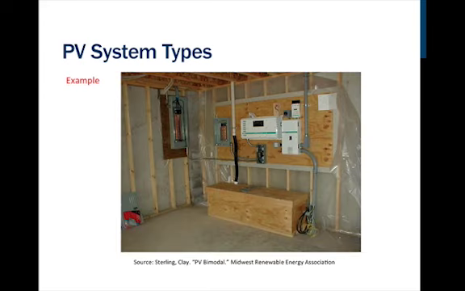Here's an older type of bimodal system, with a PV array located out back. DC power comes into this cabinet, down to the battery pack, here inside this wooden box, which is lined and sealed with silicone as a fiberglass liner for the battery pack.